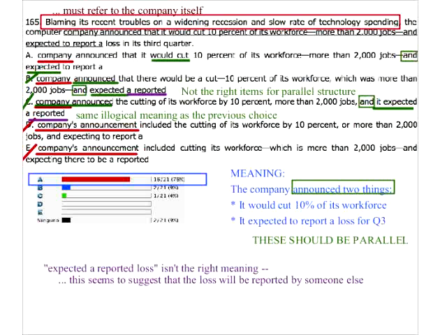It's kind of like, if I say I have a handmade item. It's kind of like a reported loss, a handmade item. This strongly suggests that the item was handmade by somebody else.